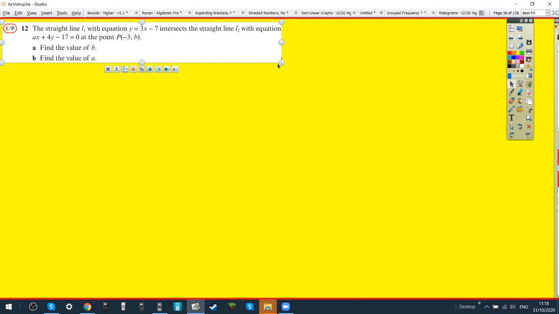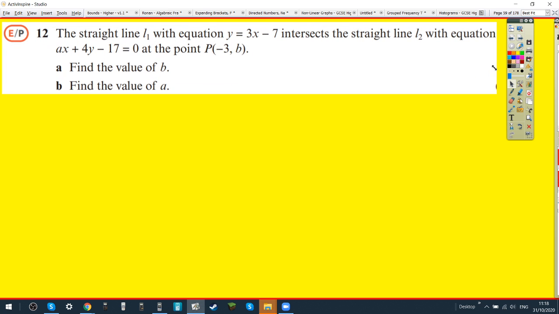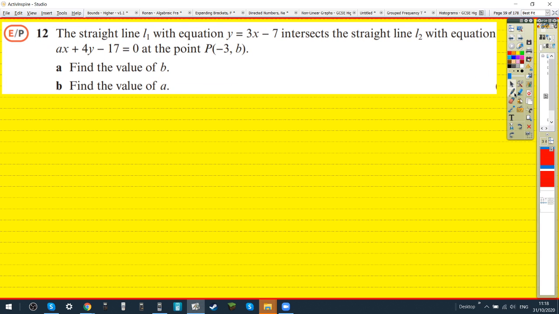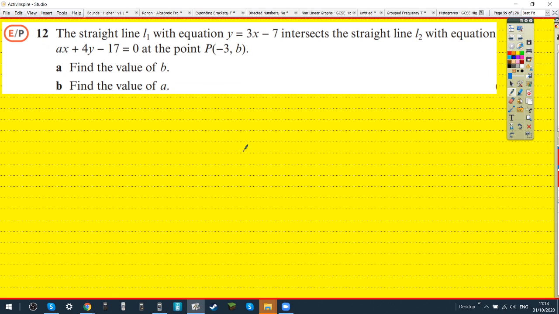Let's try this one. Okay. So, we substitute minus 3 into y equals 3x minus 7.